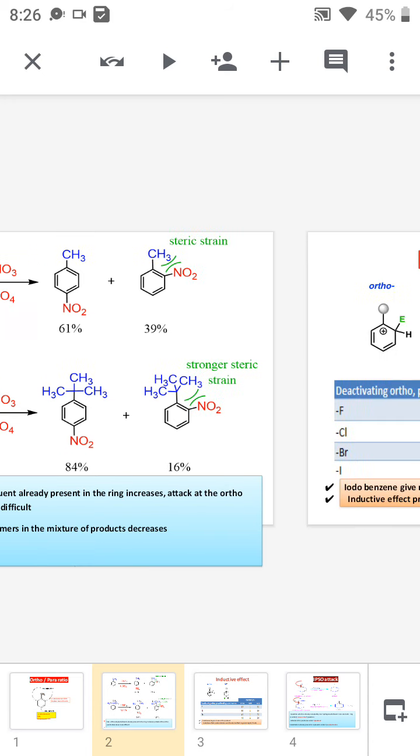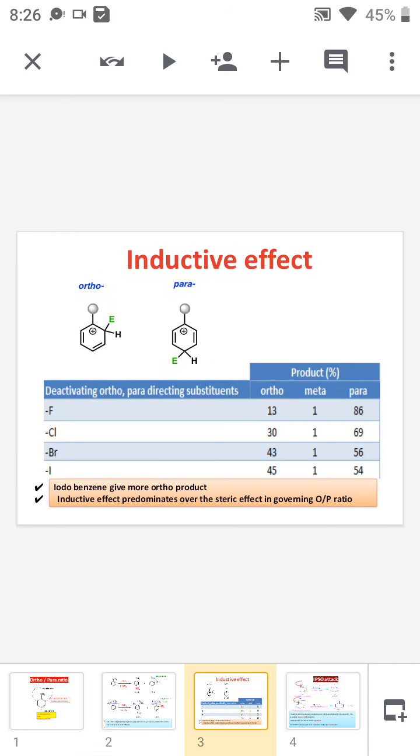Now we are moving to another concept, that is the polar effect of the substrate. See, this is a halobenzene. The colored board represents the halogen group, and normally we are expecting two products since the halogen group is ortho-para directing.